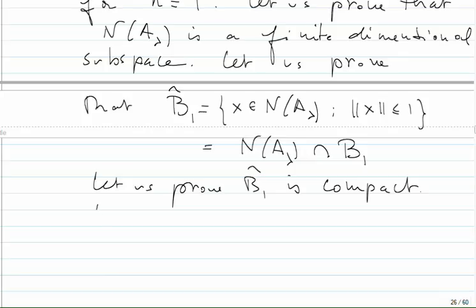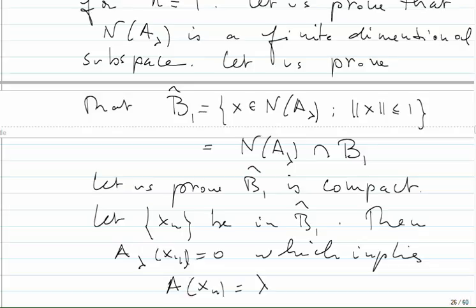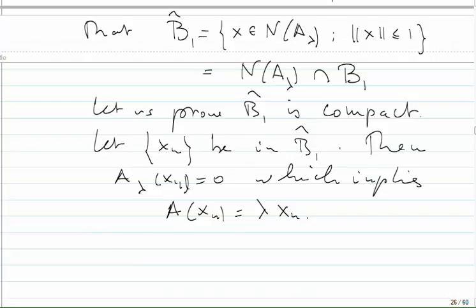Let x_n be in B1 hat, then A_lambda of x_n equals 0, which implies A of x_n equals lambda x_n. Okay? But we assume that A is compact.